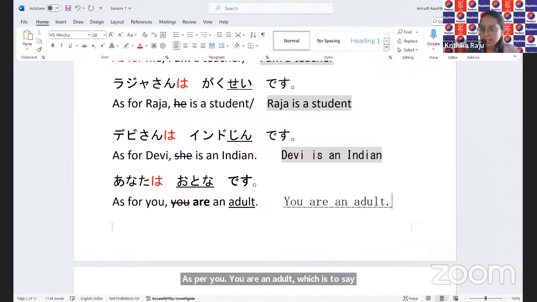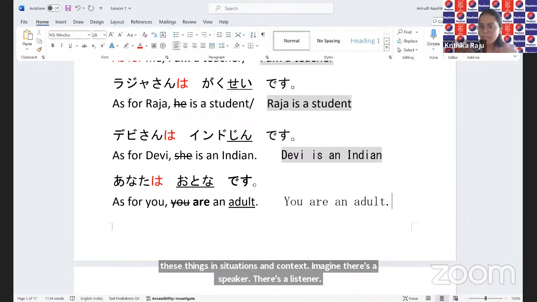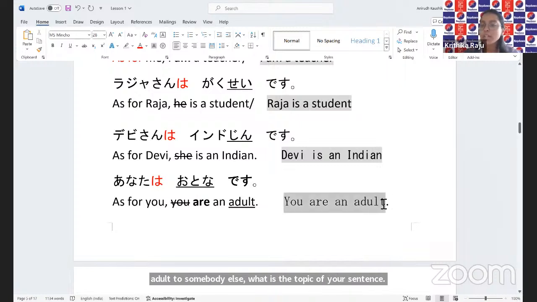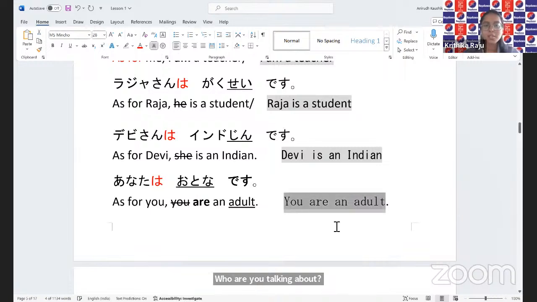Now, when I say this sentence, always imagine these things in context. Imagine there's a speaker, there's a listener. How is the conversation going? So imagine that you're saying this sentence. When you're saying you are an adult to somebody else, what is the topic of your sentence? Who are you talking about? You. Okay. Anata.